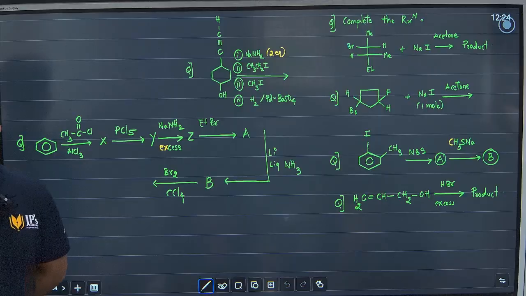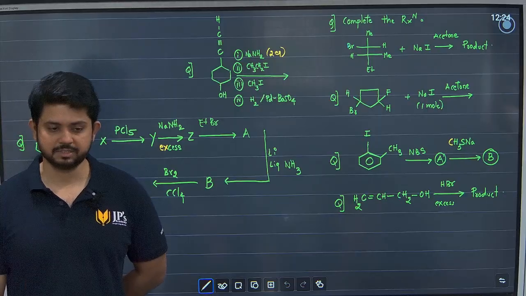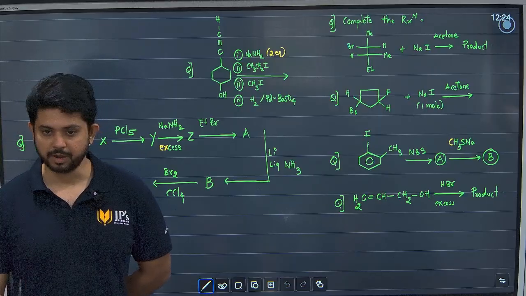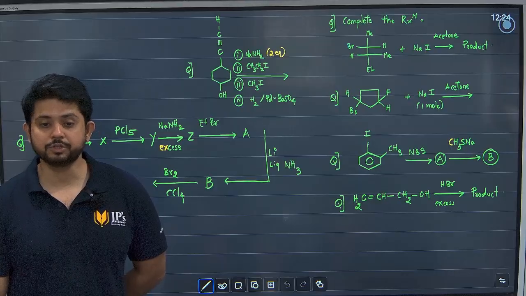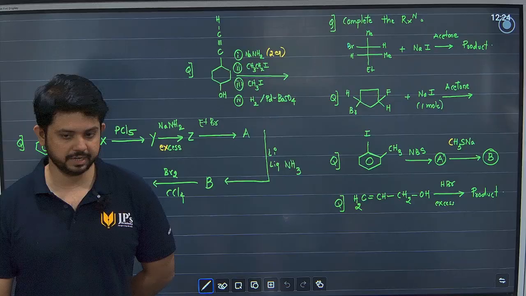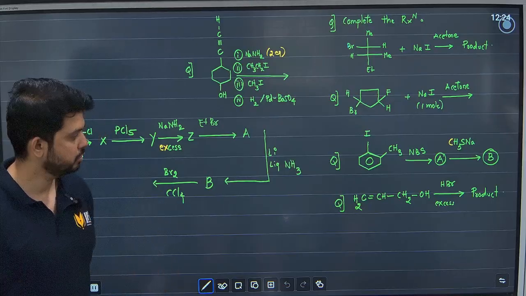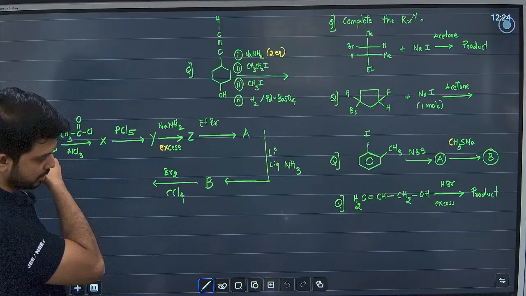NBS क्या था पीपल? N-bromosuccinimide. Allylic substitution, लास्ट क्लास हमने किया था. So ये भी करना. एक दो और क्वेश्चन अभी ऐड करूंगा, ठीक है.